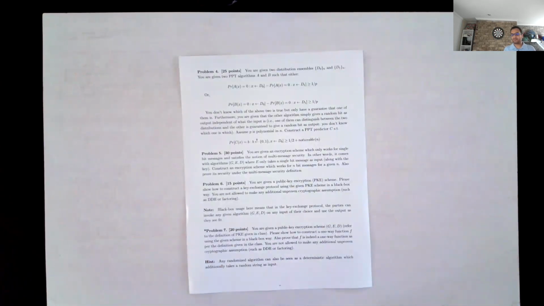You don't know which one is which, right? And then you have to come up with a single algorithm which distinguishes. How do you do that?